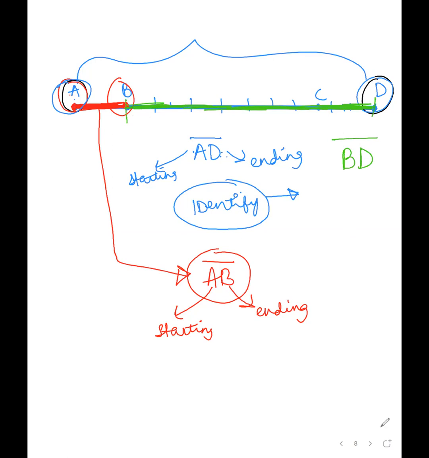Okay. Now, the thing about angles is it's one level higher than a line segment. Why? Because let's say I have 2 angles over here. This is one angle. And over here, this is another angle. If you talk about the angle, what exactly is the angle?